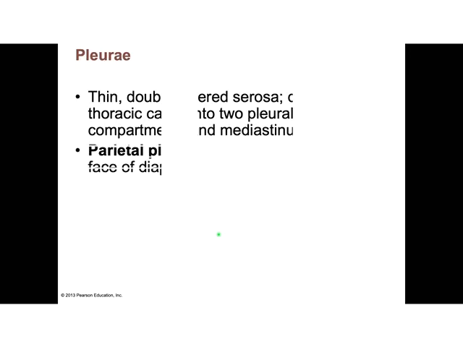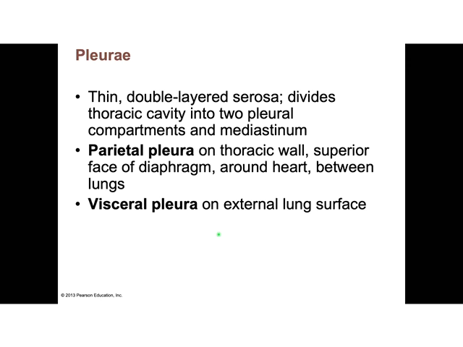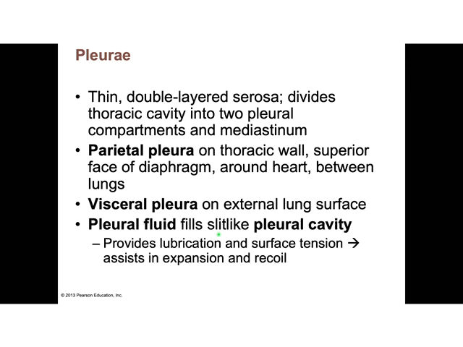Okay, the pleurae are just the membranes that surround the lung and the cavity in which they sit. The parietal pleura clings to the cavity, and the visceral pleura clings to the lungs themselves, and between them, pleural fluid lubricates the lung so it can expand and contract without producing irritation, inflammation, and scarring. Okay?